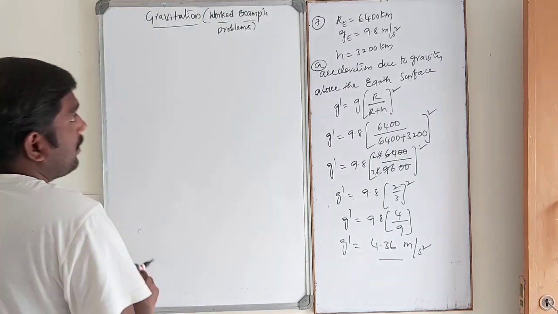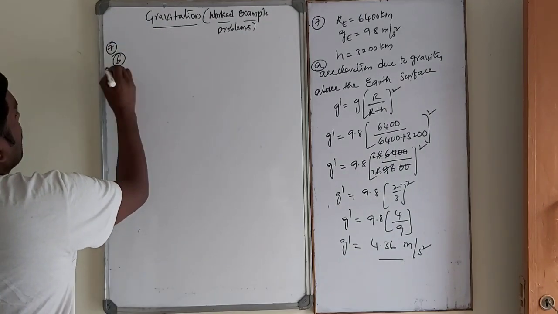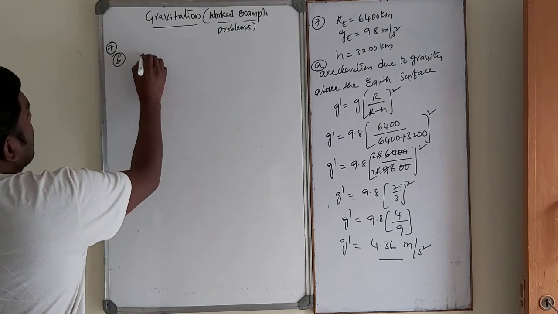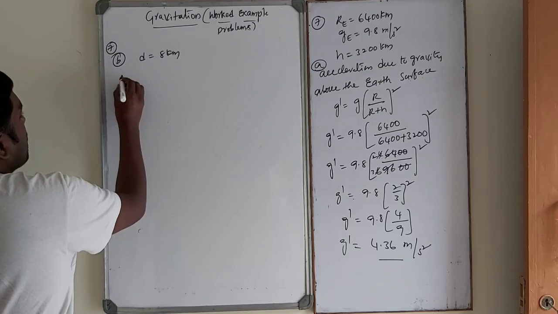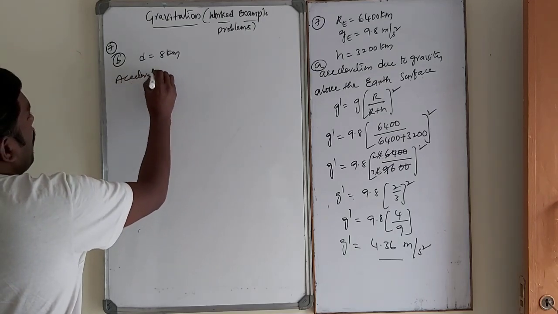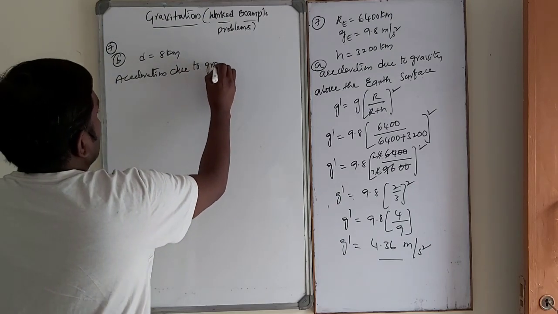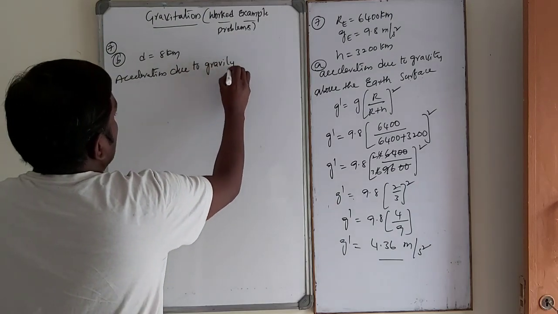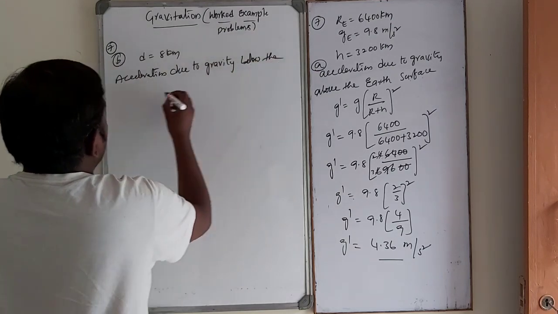So that is B, the seventh one. The depth there is 8 kilometers. So acceleration due to gravity below the Earth's surface.